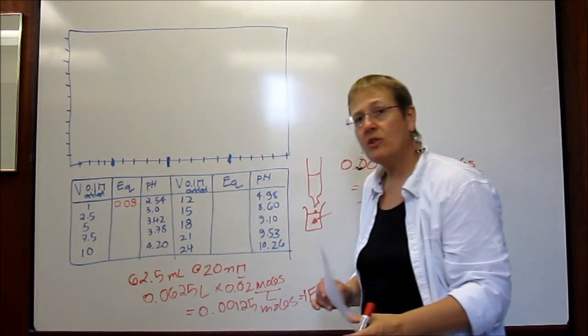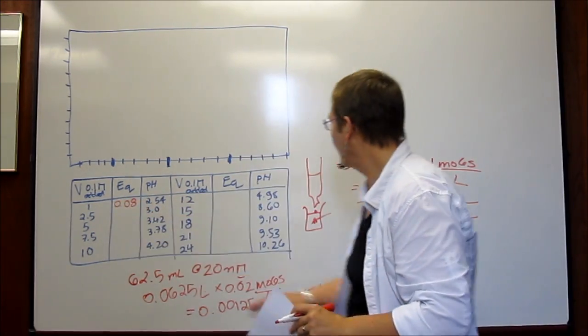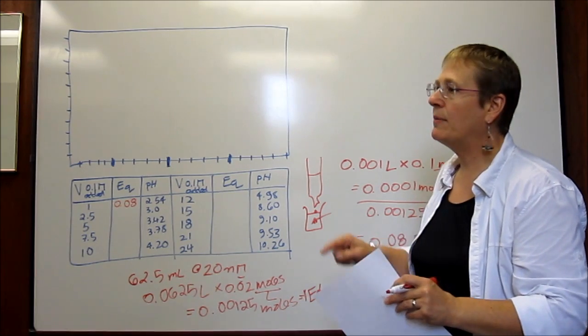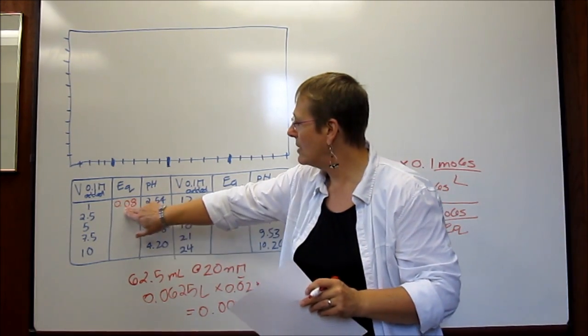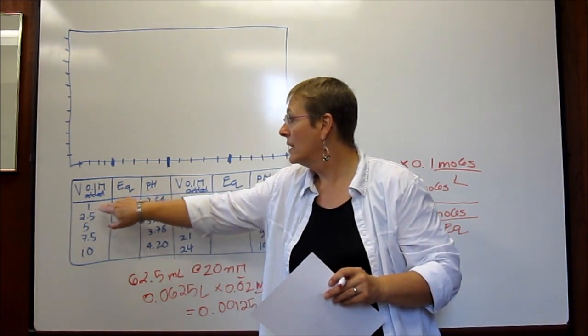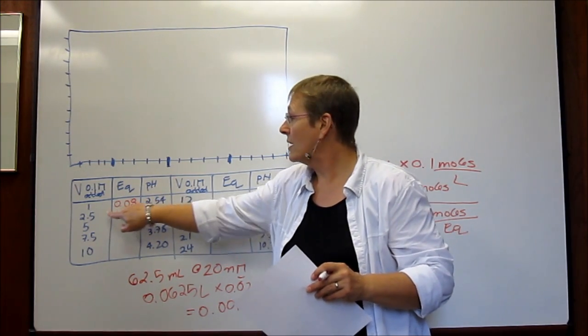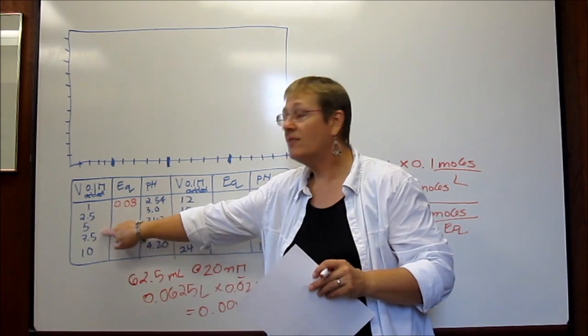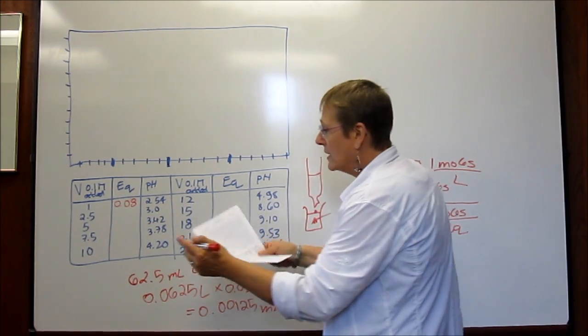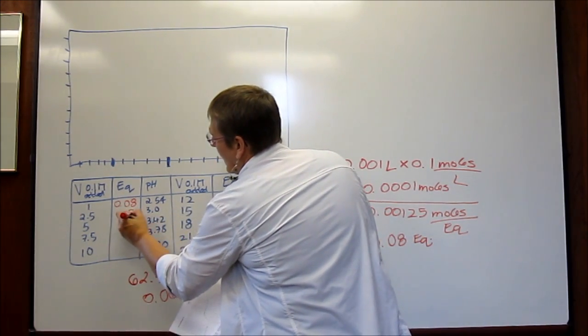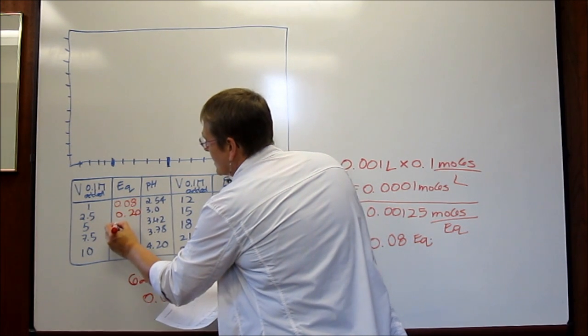Now, 2 ways you can do this. You can do that math for every one of these points to figure out how many equivalents, or you can use the Jen Conley method and just say, well, if 1 mL is equal to 0.08 equivalents, just multiply that times 2.5, times 5, times 7.5 and so on to fill in the table. I'll let you do the math, but I'll show you what I got for answers.